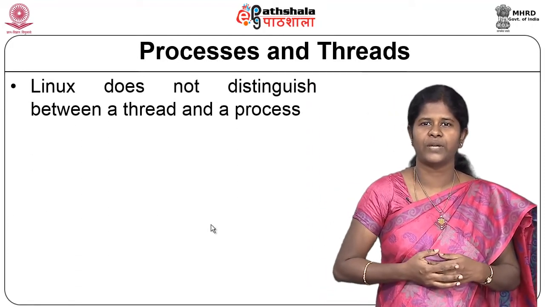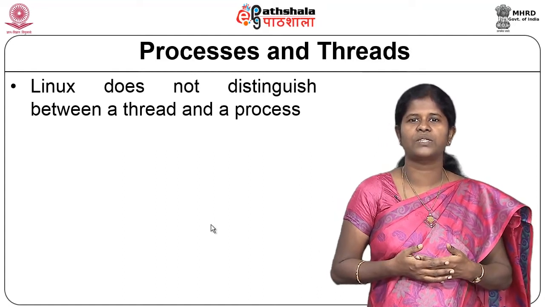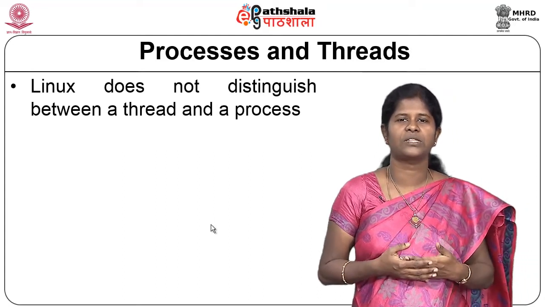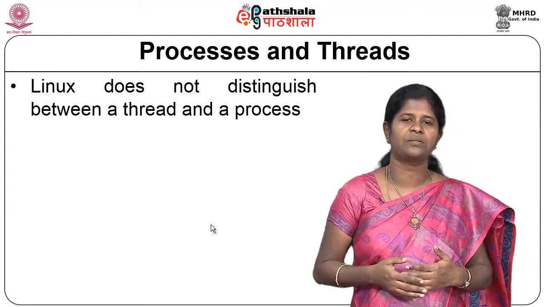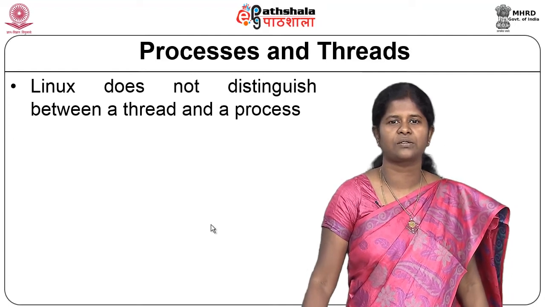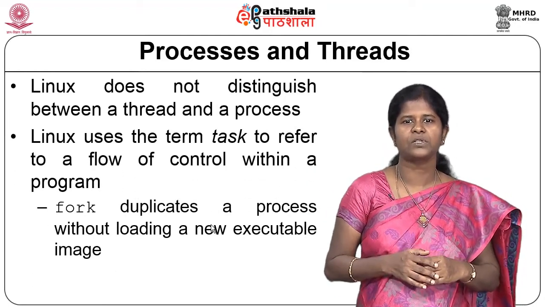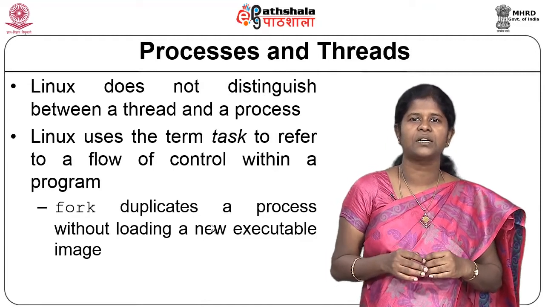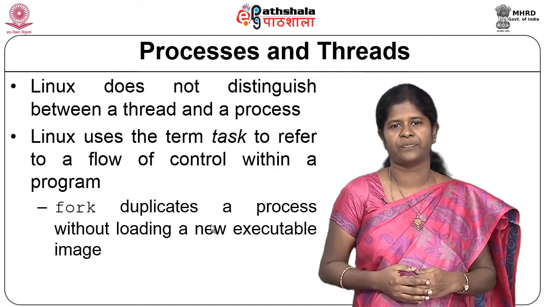So, now that we have seen the different properties of a process, we move on to see the difference between processes and threads. Linux does not distinguish between a thread and a process as is done in Unix systems. Linux looks at everything as a task. It uses the term task to refer to a flow of control within a program.